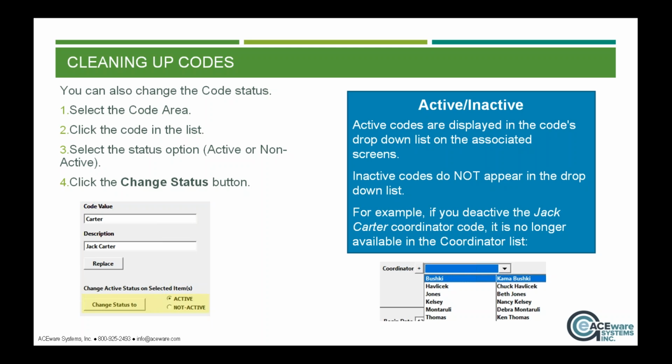Well, if you delete the code, it's gone, right? However, if you deactivate the code, it does not affect other records. It simply takes it out of the current drop-down, lookup, pick list, whatever you want to call it. So keep that in mind, active, deactivate versus deleting.